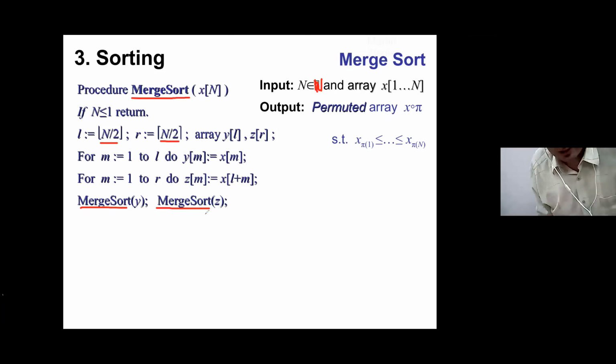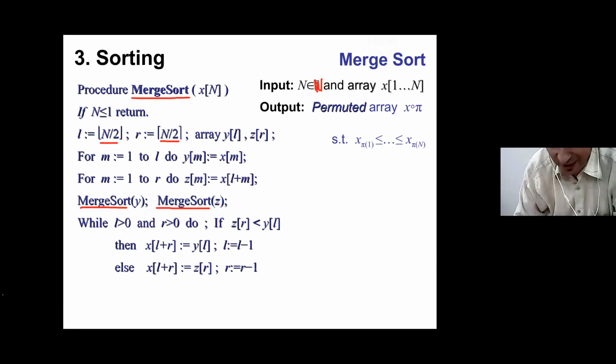But for now, when I copy the first half and the second half, I cannot know that there is no element on the left which is bigger than some element on the right. It is very well possible. So I have two sorted arrays, but I cannot simply join them. I have to merge them, combine them in a proper way so that I get the array x. And this is what is done here.